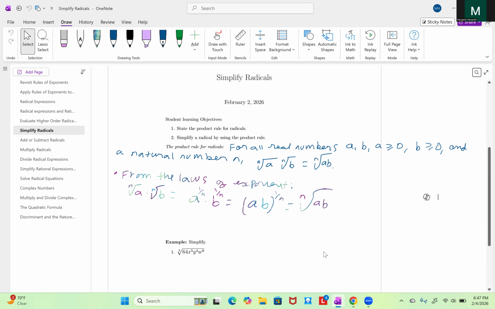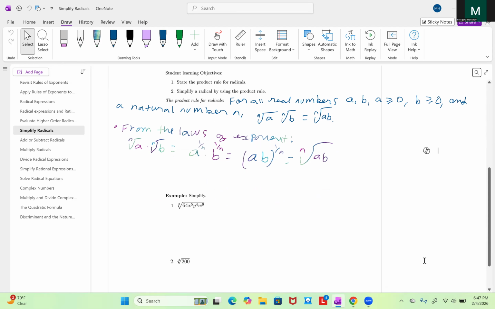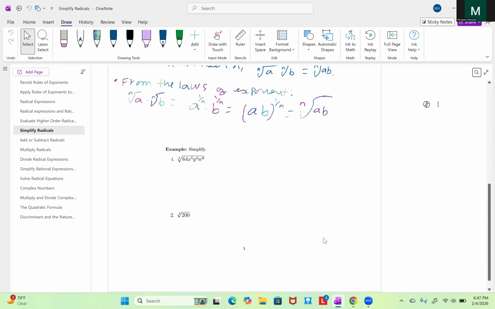Simplify. Let's first simplify the cube root of 200. So the cube root of 200, we can write it as the cube root of 2 times 10 times 10.